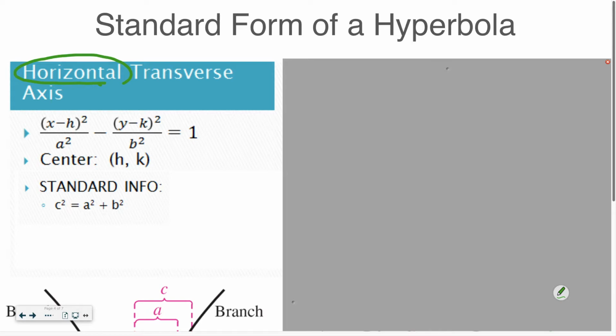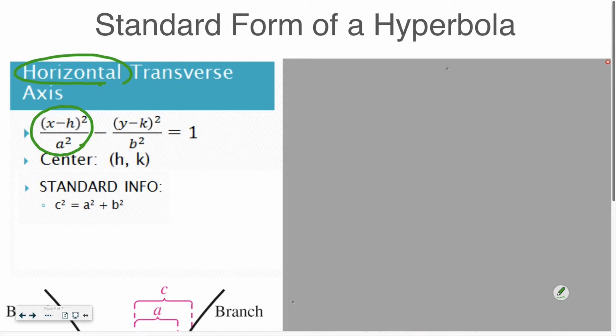Please pay attention to this note. A is always going to be with this first variable here. Okay? It doesn't matter if A is bigger than B, B is bigger than A, could be the same as B, but A is always the one that's associated with the variable that has the positive in front of it.